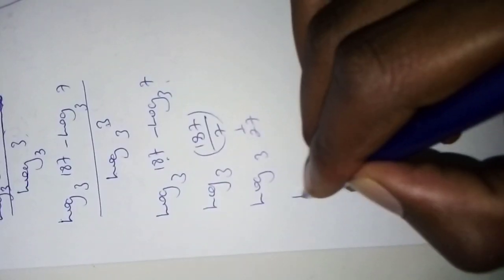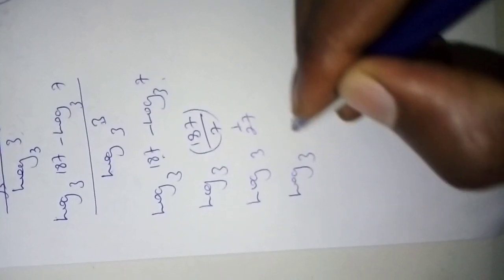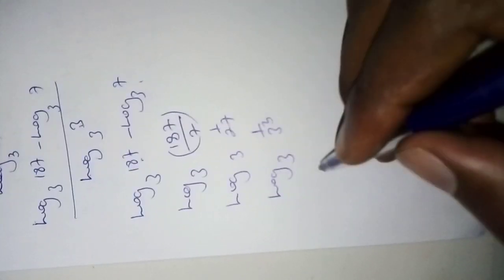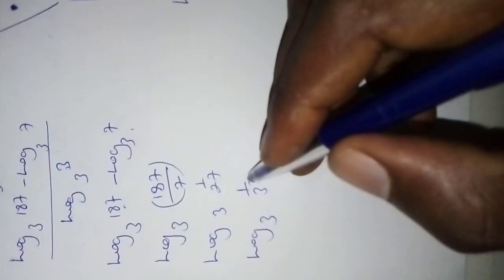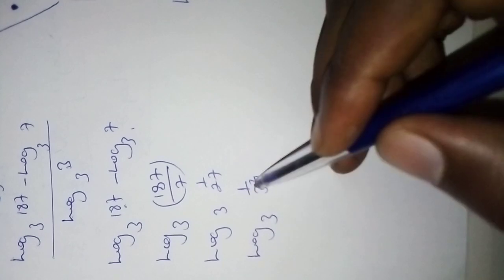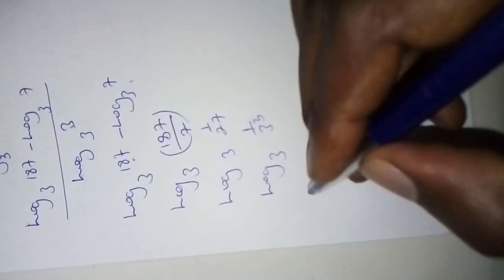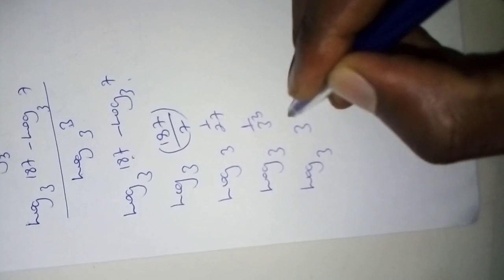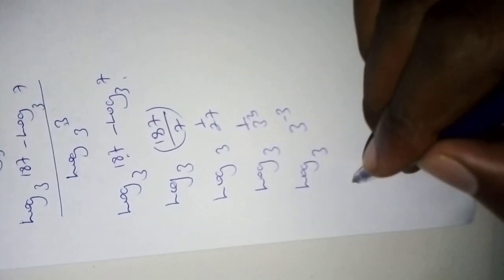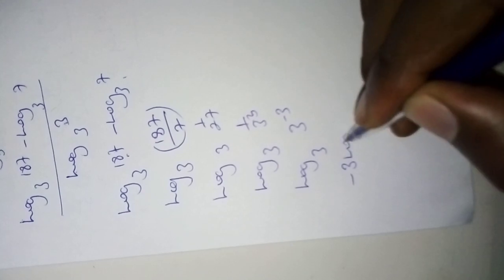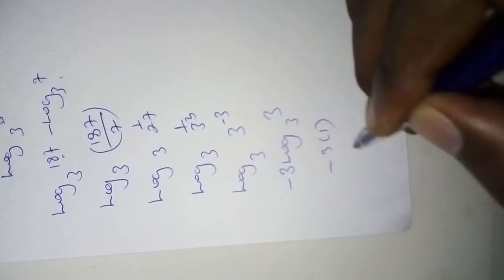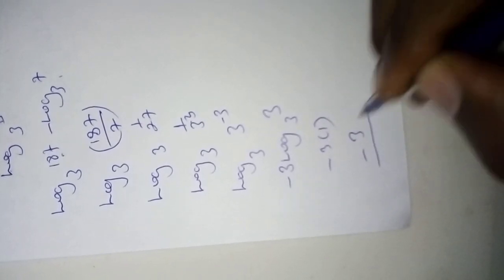Now from here we can say that it's log 3 1 over 3 cubed, right? Cubed. And then we need to remove this so that our log term is the same as our base, right? So now this would mean that we have log 3 3 to the negative 3. So now negative 3 log 3 3. This is equivalent to 1, so it's negative 3 times 1, which is negative 3.